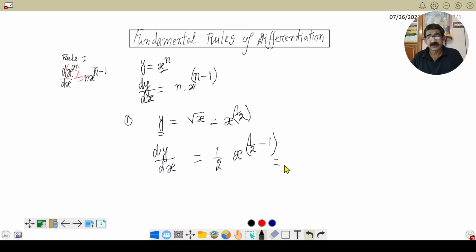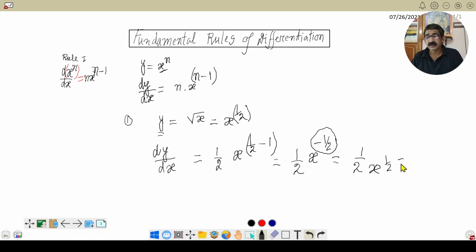That means 1 by 2 x to the power minus half, and you know, when this power is taken like this, minus half becomes plus half.